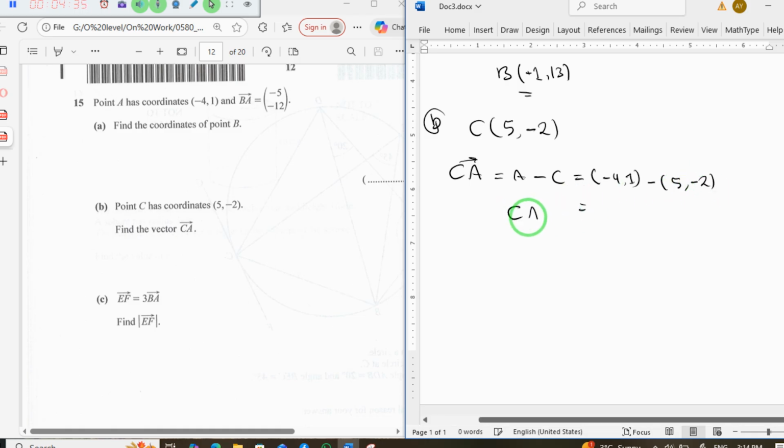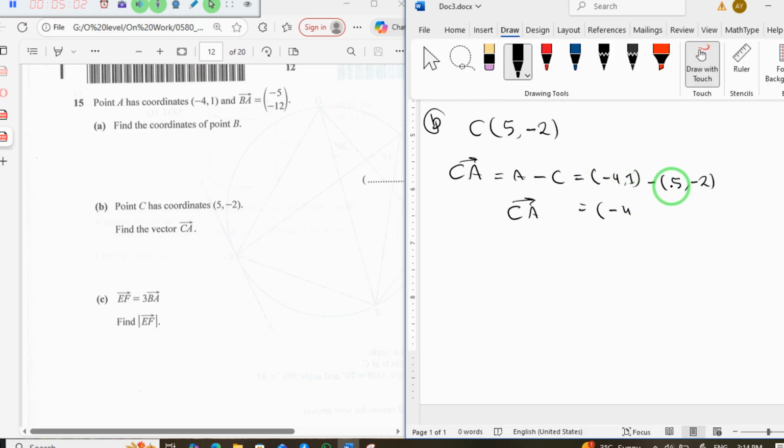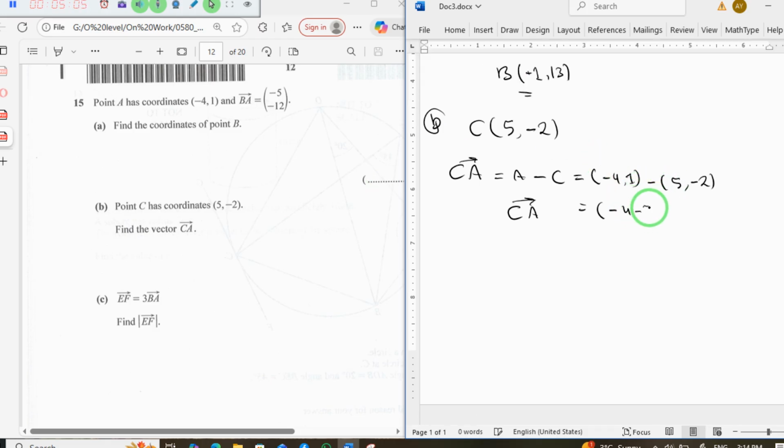Then vector CA is equal to -4 minus 5, and 1 minus multiplied by minus plus 2. So vector CA is equal to -9 and 3.